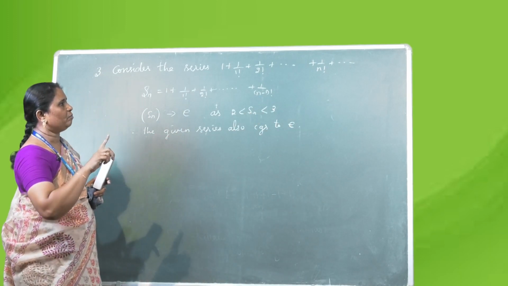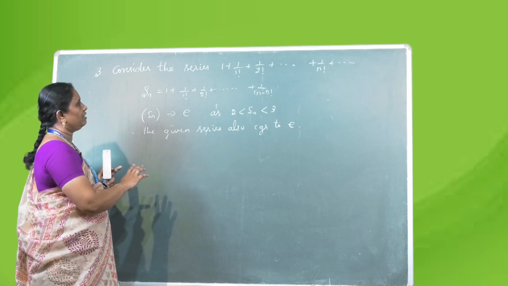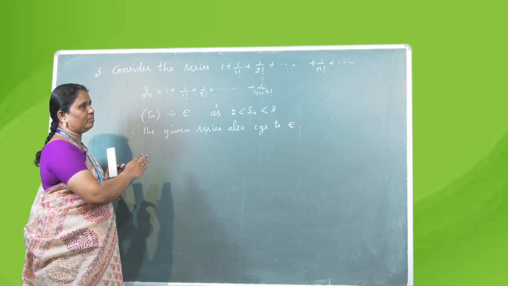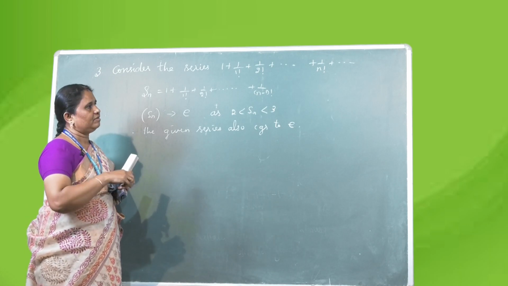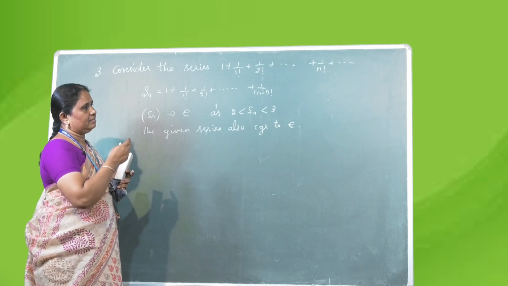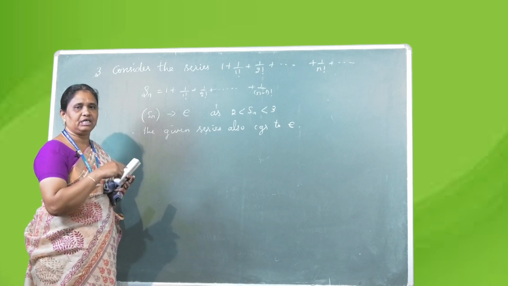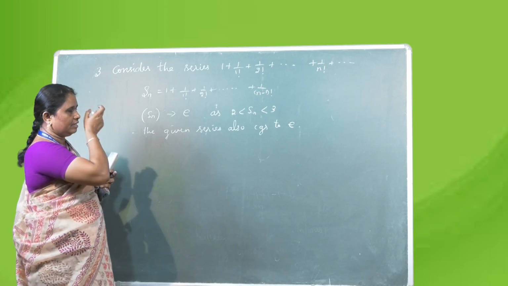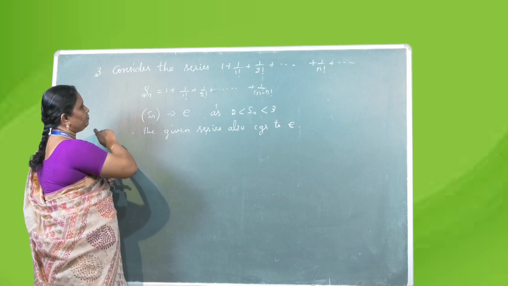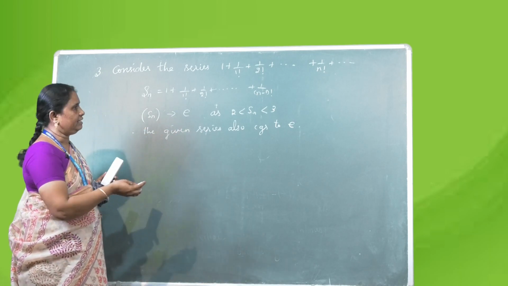So already in the first problem we have discussed the divergence of a series as an example, and in the second problem, geometric series, we have classified into 5 cases for the values taken by r: from 0 to 1, greater than 1, equal to 1, less than 1, or equal to minus 1. And in this problem, we have given an example which converges to the value e.